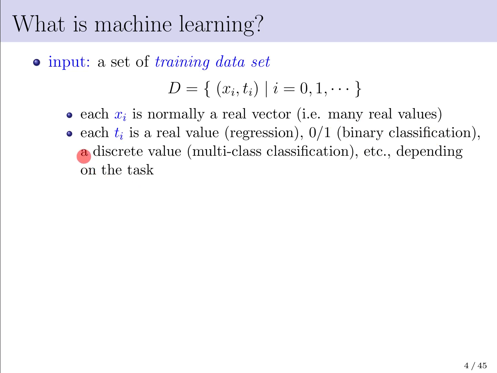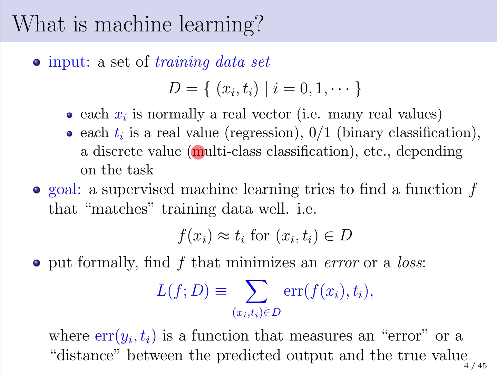Or more generally, a discrete value from, for example, 0 to 9 in the case of so-called multi-class classification. For example, in digit recognition, it will be a value from 0 to 9. So it depends on the task.